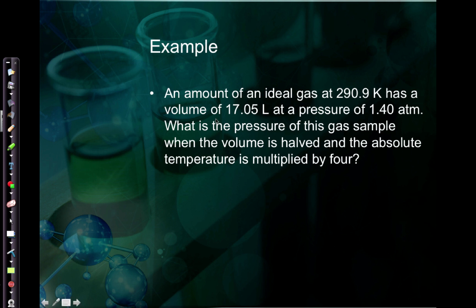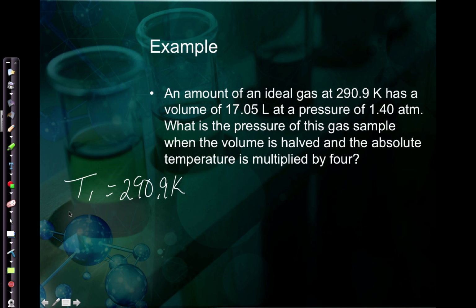Okay, so I'm going to pull out the information here. I have a temperature of 290.9 Kelvin, and I can already see that stuff is changing here, so I need to assign it an initial or a final value. Is it 1 or is it 2?